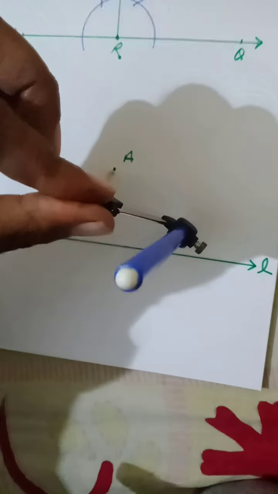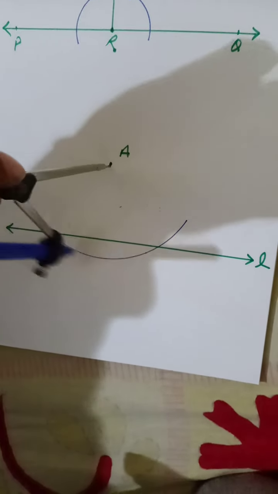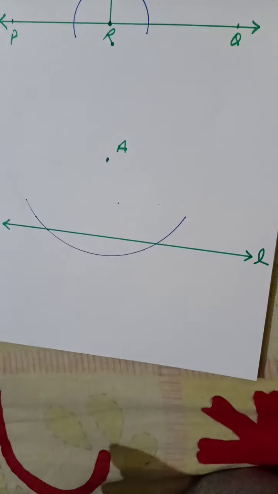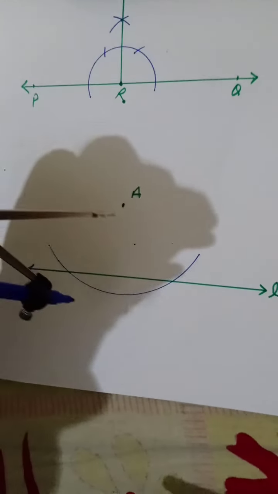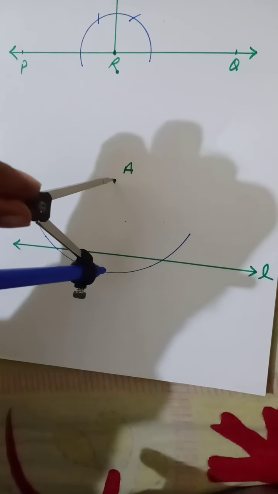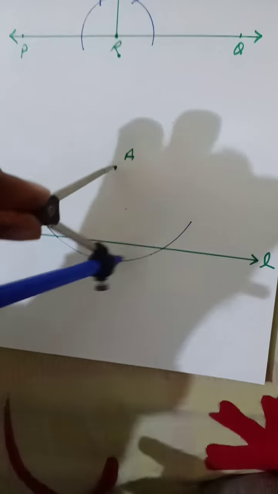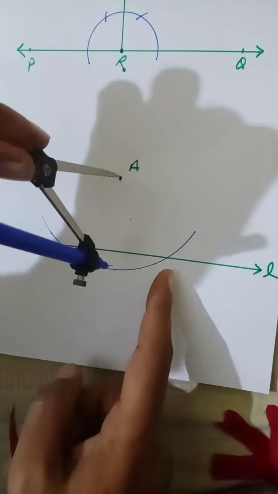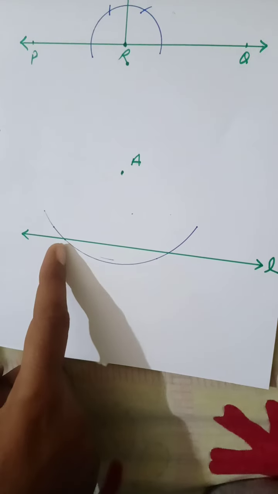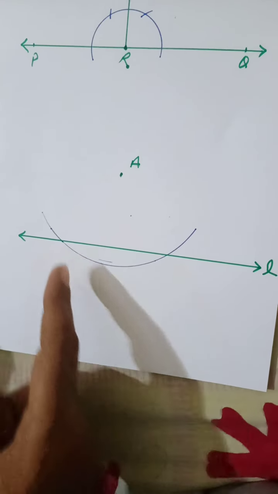Now draw an arc like this. Put the needle here, open the compass just below the line and then draw an arc like this which intersect the line at 2 points, here and here.